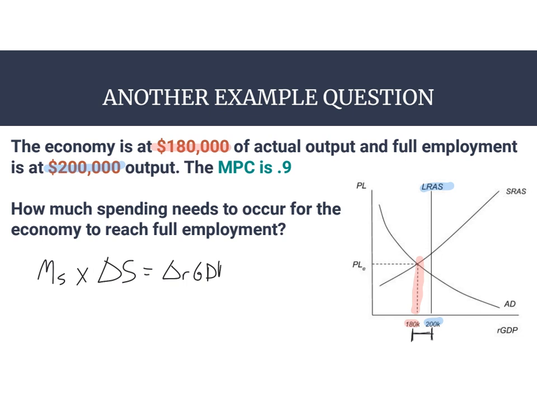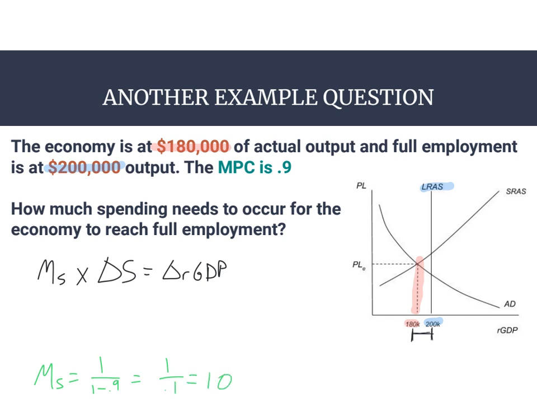Okay, so we can plug in some of the information that we know. Now the multiplier is not given, but they give us the MPC. We know that the multiplier is 1 over 1 minus the MPC, or 1 over the MPS. In this case, the MPC is 0.9, so the MPS is 0.1, so 1 over 0.1 is just 10.